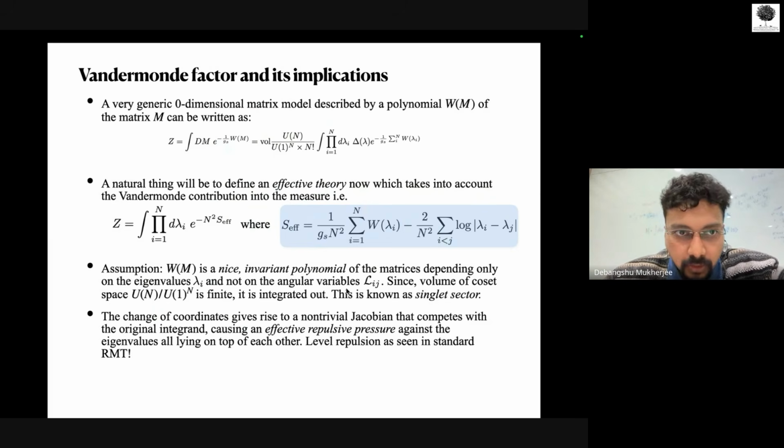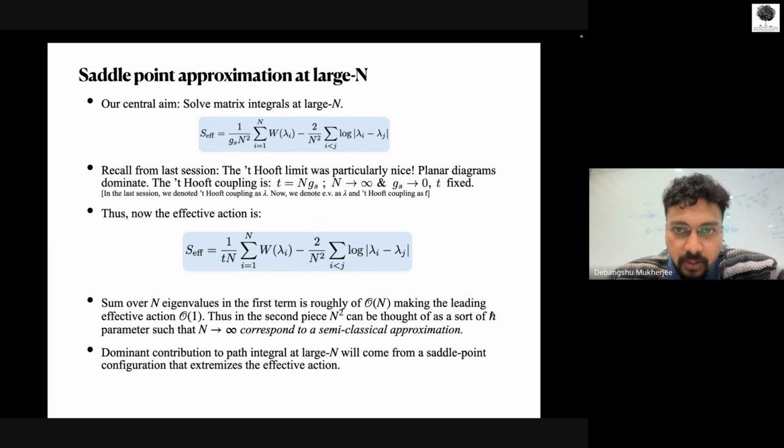Okay. So we, as of now, have discussed what are the implications of this Vandermonde factor. So now let us begin a large N analysis. After expressing everything and fixing ourselves to the singlet sector, we obtain this effective action, which is in the first blue colored box.